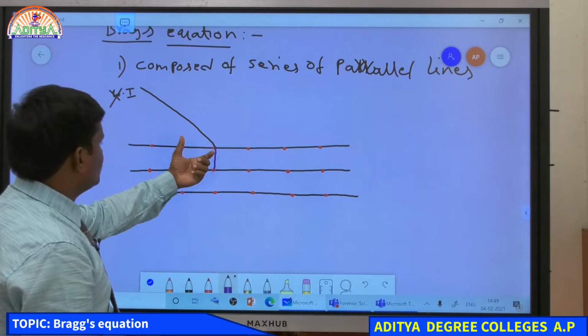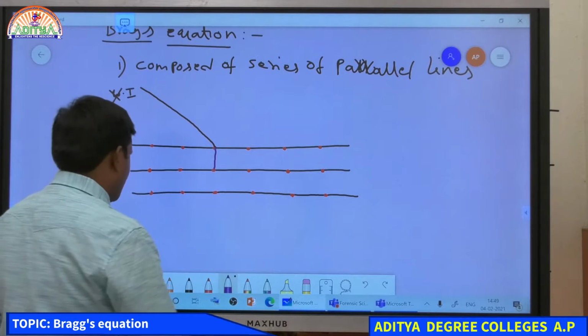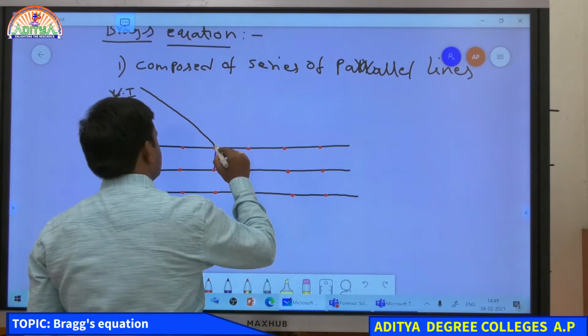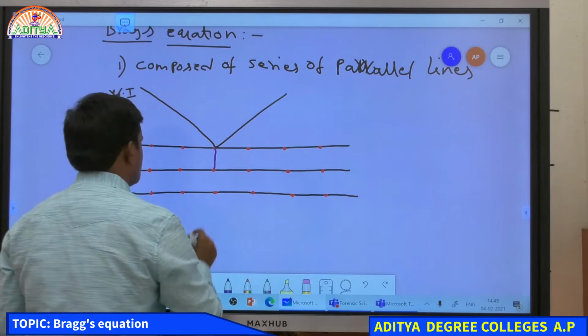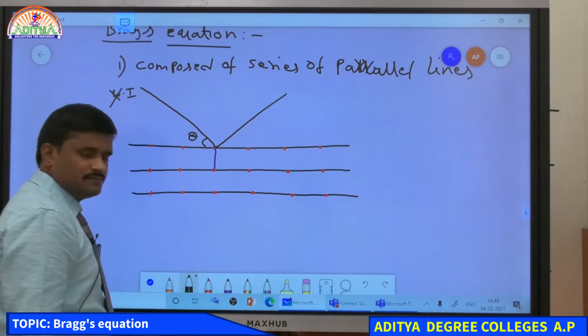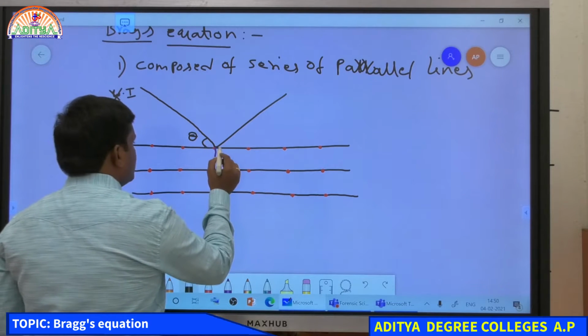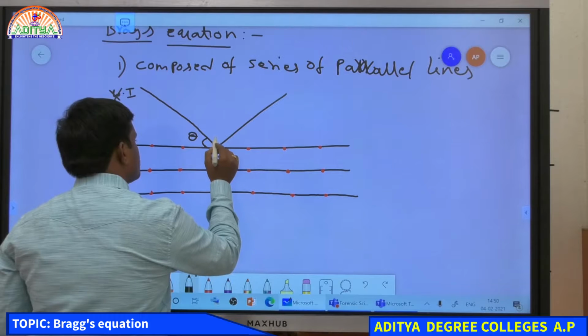Some fraction of the X-ray radiation penetrates into the next level and the remaining fraction is transmitted like this. Here theta is the incident angle, and this is taken as origin, so this is O.